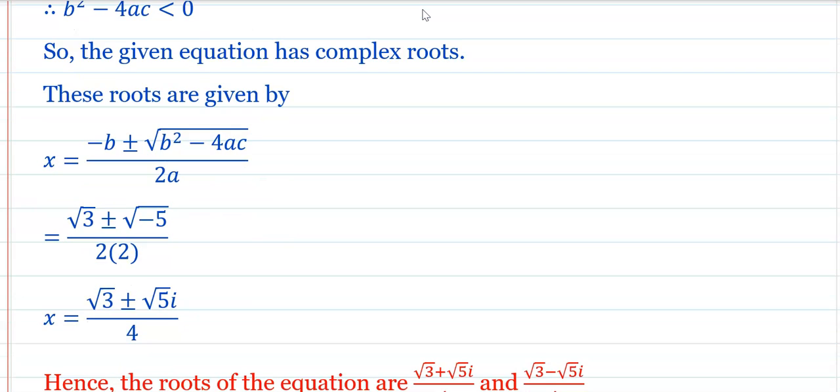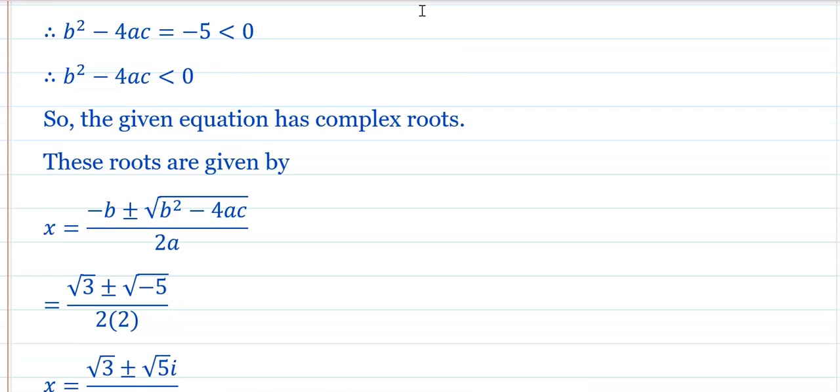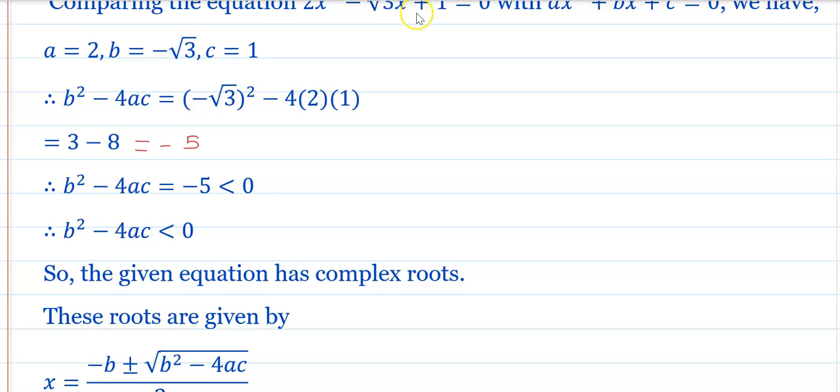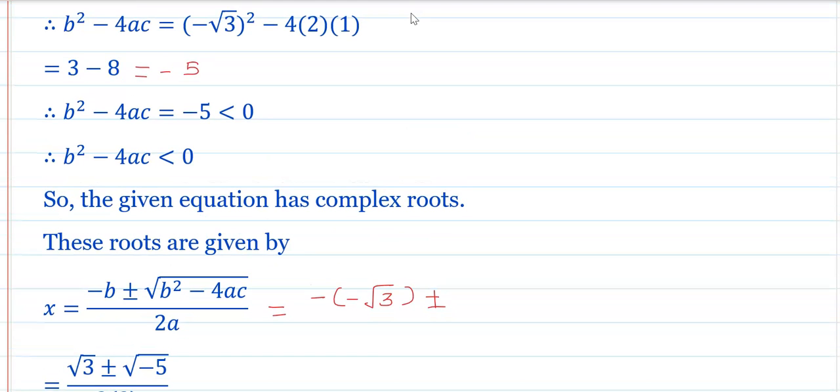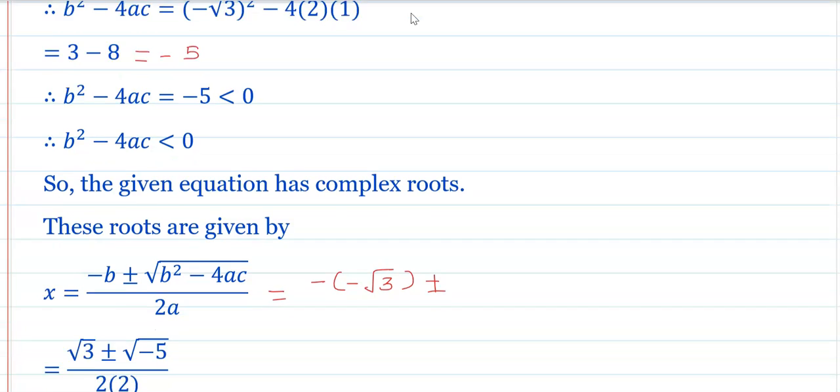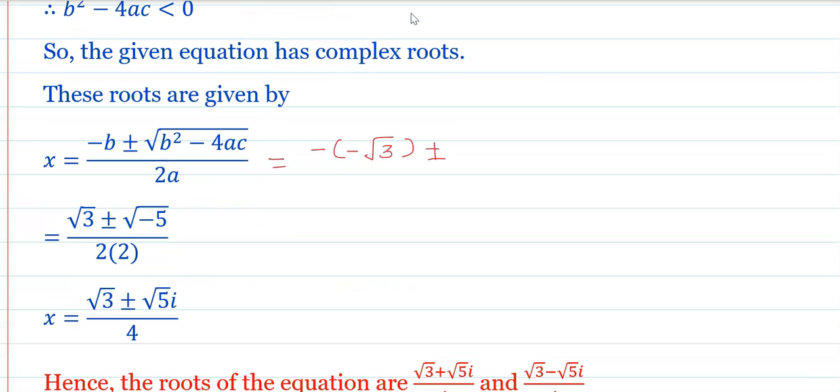These roots are given by x is equal to minus b plus or minus root of b square minus 4ac upon 2a. The value of b is minus root 3. Therefore, minus and minus will become plus. Okay, minus in bracket minus root 3 plus or minus, what is the value of b square minus 4ac? It is minus 5.